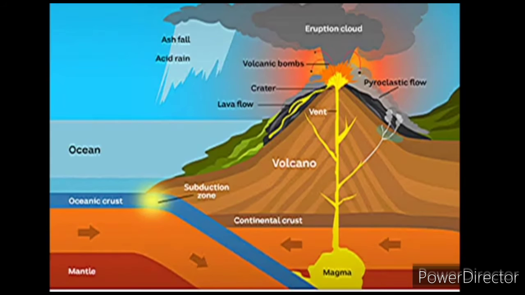Again there is a basic difference between the upper mantle and the lower mantle. The upper mantle is liquid in its state and the lower mantle is solid. The upper mantle is the main source of magma, which is the main reason for the volcanic activities which we see, and happens usually because of the movement of molten magma or movement of tectonic plates. So you all have the basic structure of the mantle.